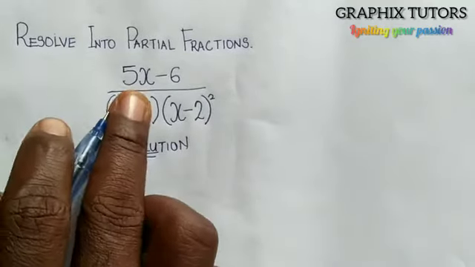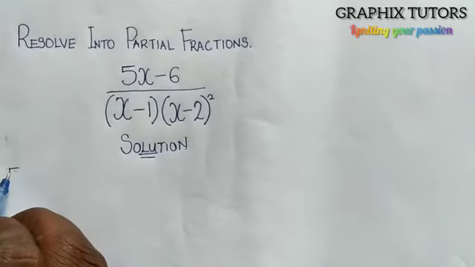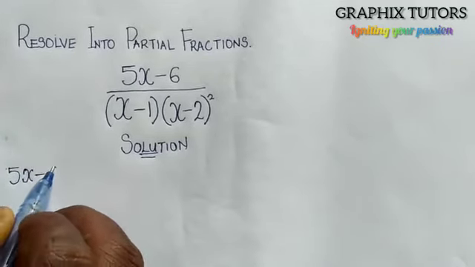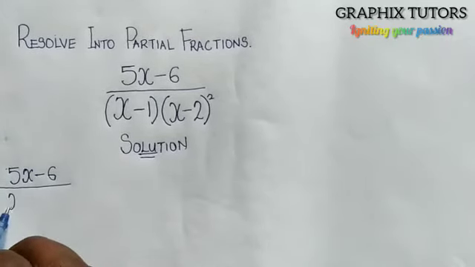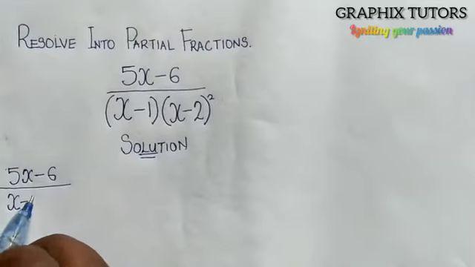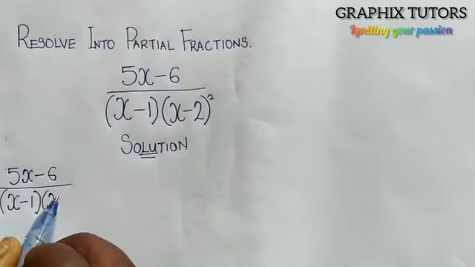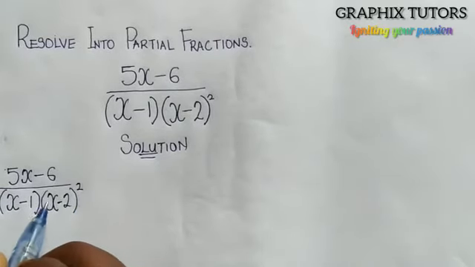Now you rewrite this back. We have 5x minus 6 all over (x minus 1)(x minus 2) all squared.